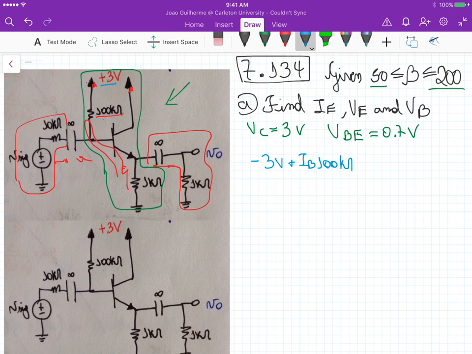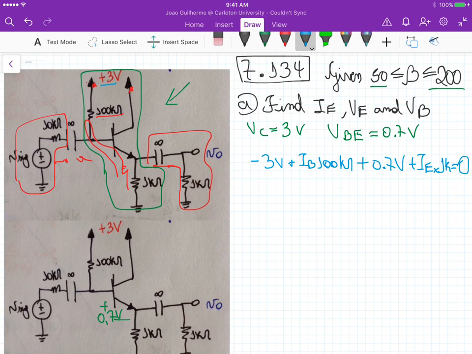And then remember that here we have 0.7 volts, so it's plus 0.7 volts, plus the emitter current times the emitter resistance, which is 1K, and that should be equal to 0, right?